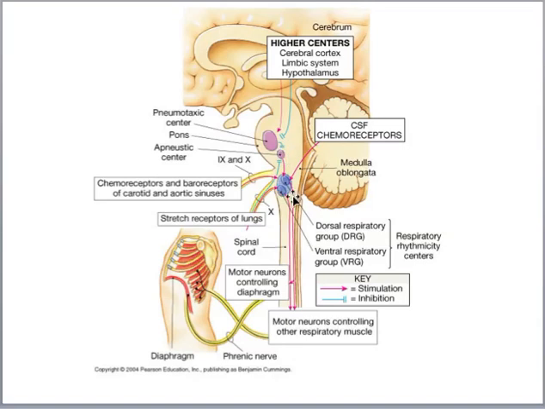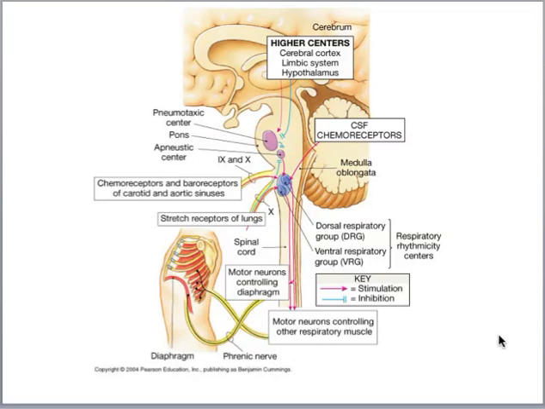And then these here are your respiratory rhythmicity centers in your medulla oblongata here. So this is just showing you a picture of how these will go down and actually send fibers down to control your breathing by stimulating your diaphragm and your intercostal muscles here.